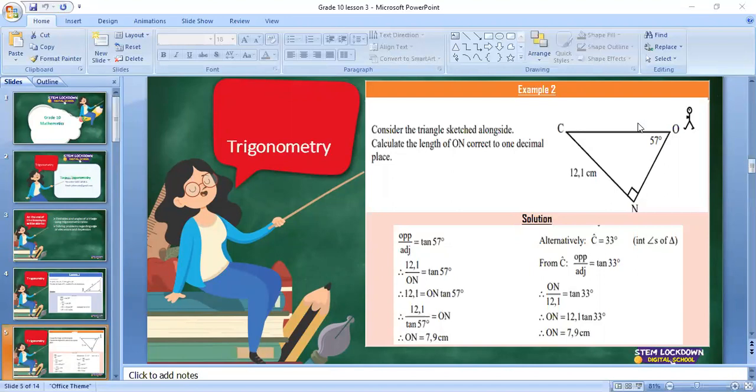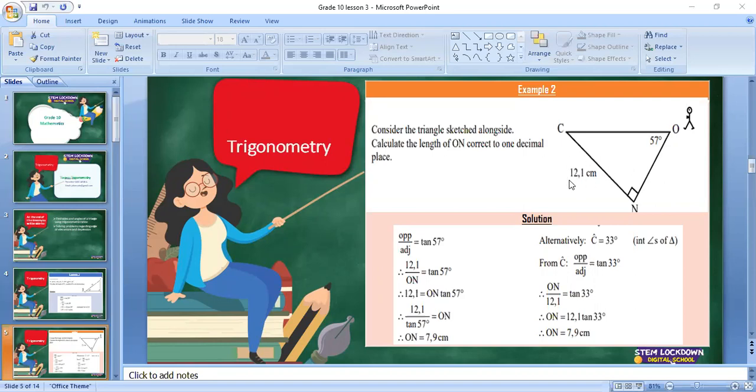What is the name of these two sides? If you can get the names, then you can decide which one to use. In this case, we have to find the adjacent, and we are given the opposite.